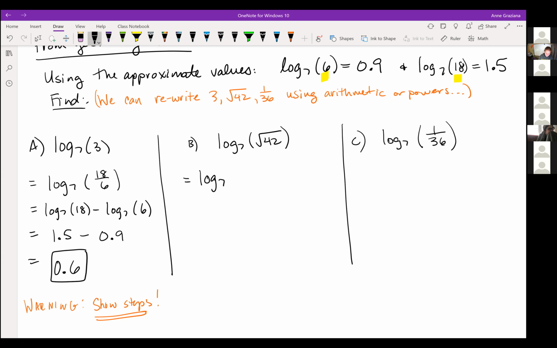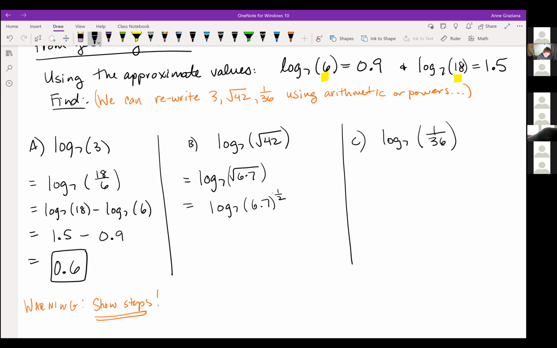So I'm going to write this as the square root of 6 times 7. But let's take it a step even further and write this root as an exponent. When you have the root, you want to write that as an exponent because I have a rule that allows me to work with that.